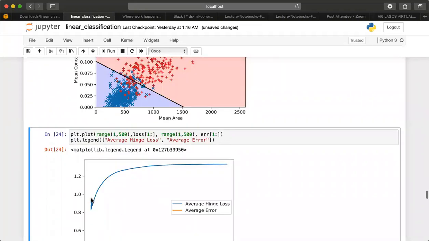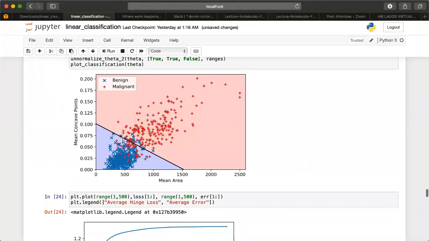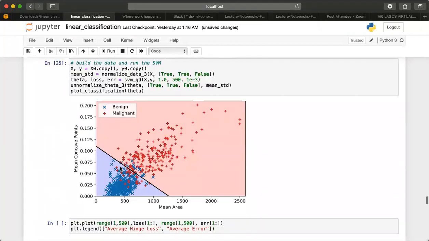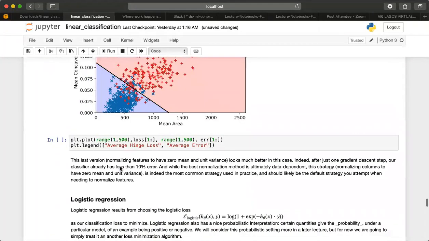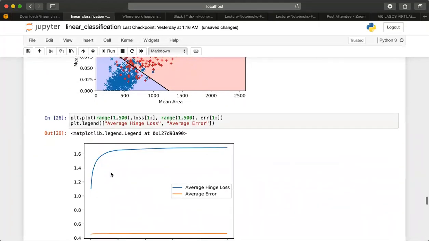But unlike these two that we have seen, the second one, which I said is more generally used, will give you something like this. You see that this one gives a smoother plot of your loss and of your error.